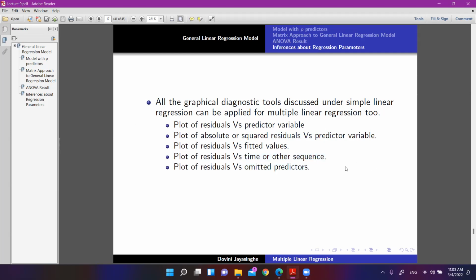Residuals versus omitted predictors, so this is something new. You can just check the patterns. Omitted predictors means the predictors that you do not include in the model. Box plot of residuals, normal probability plot of residuals, of course, they should be normally distributed.